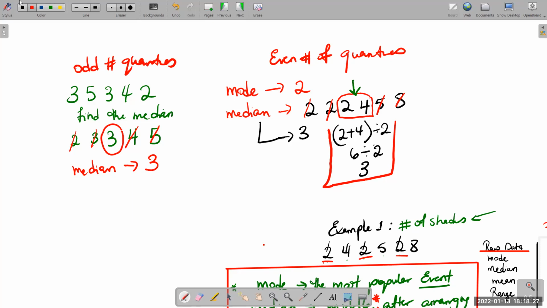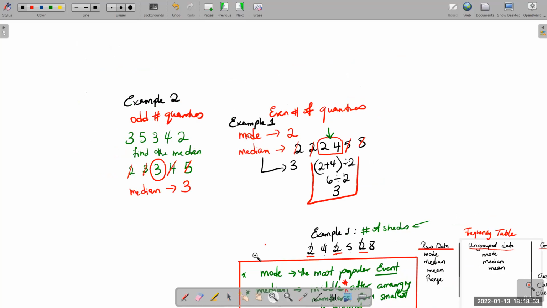So we could call this one example 1. Example 2.